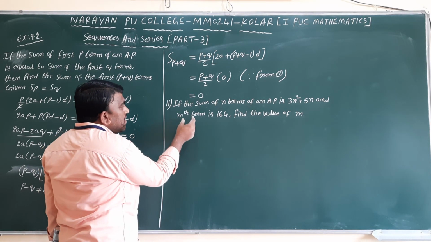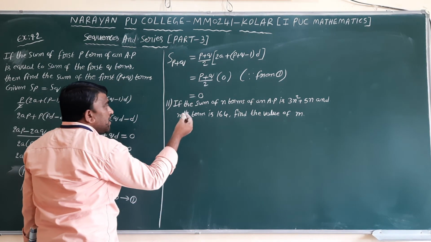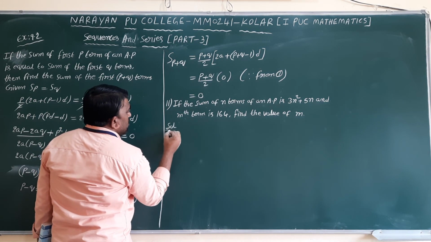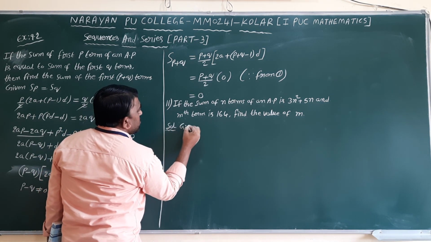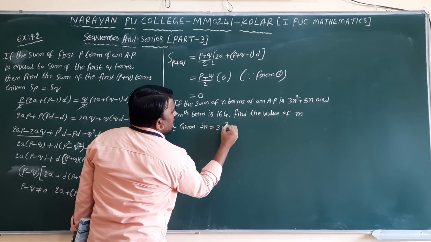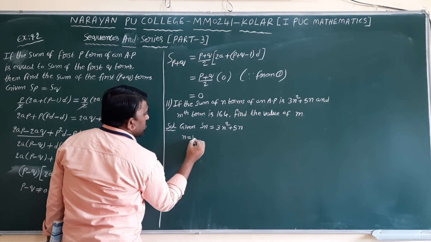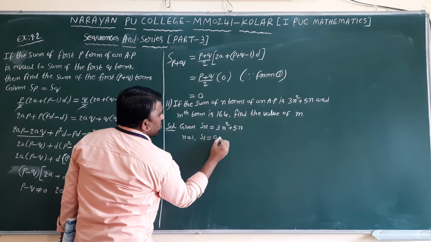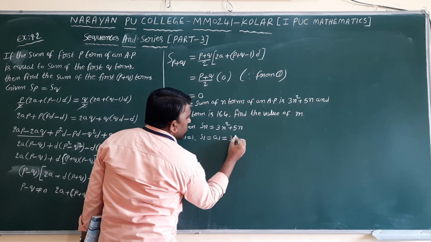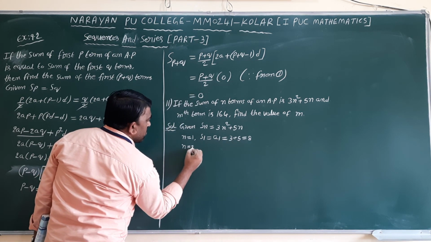So if you want to get Tm, the first term and common difference are required. First we can calculate the first term and common difference based on Sn. Given Sn equal to 3n square plus 5n. So substitute n value 1. S1 equal to sum of first term A1, n value is 1, 3 plus 5, 8. Now n value is 2.